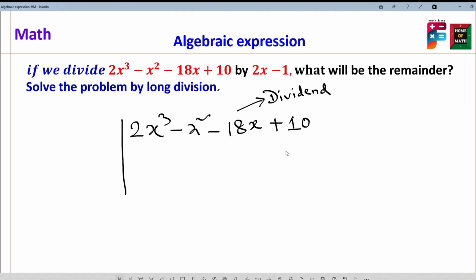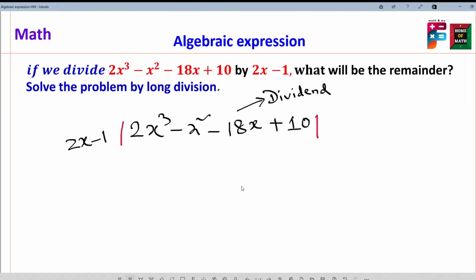And the divisor is what? 2x − 1. We make a straight line, a little short, so this one and this one.